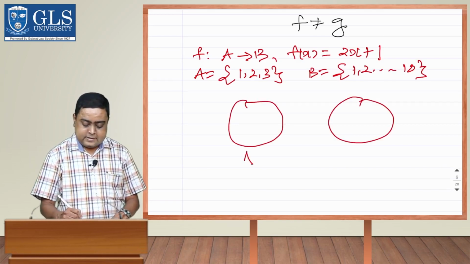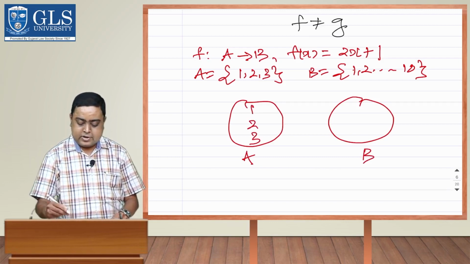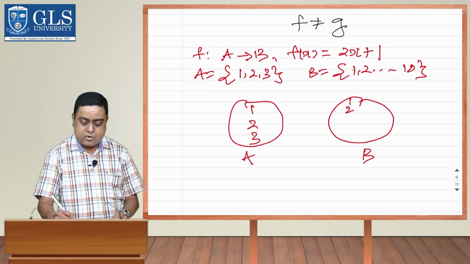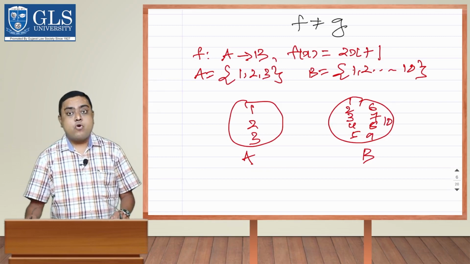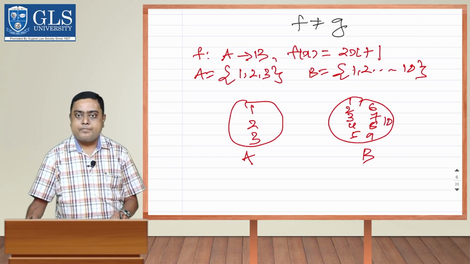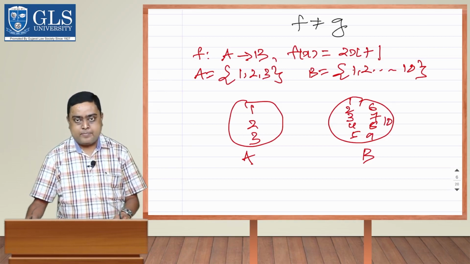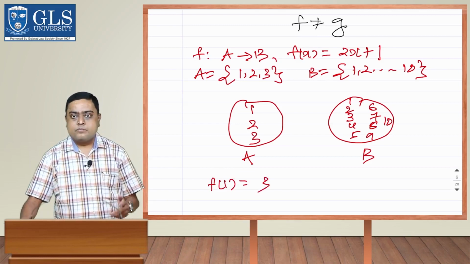Now, let us consider the sets A and B. A has 3 elements 1, 2, 3. B has the elements 1, 2, 3, 4, 5, 6, 7, 8, 9 and 10. Now here we are going to consider the different values of variable x from the domain A. First I take x is equal to 1 and put it in the given function. So we see that we get the corresponding value 3.